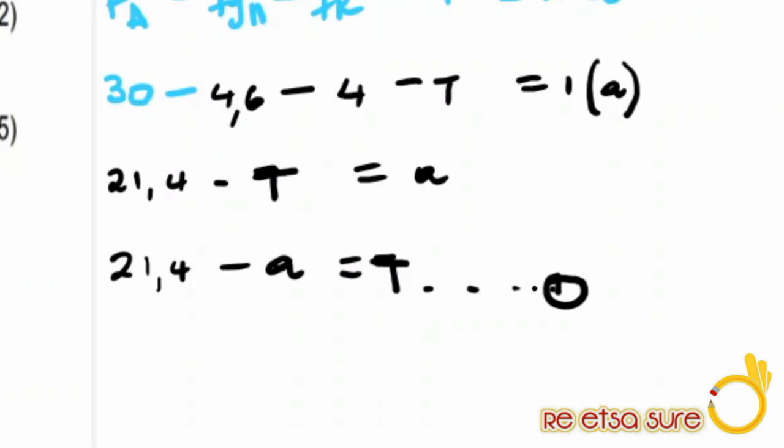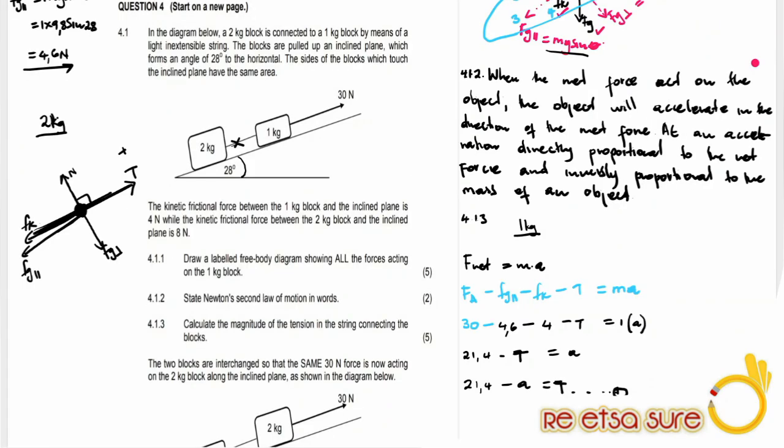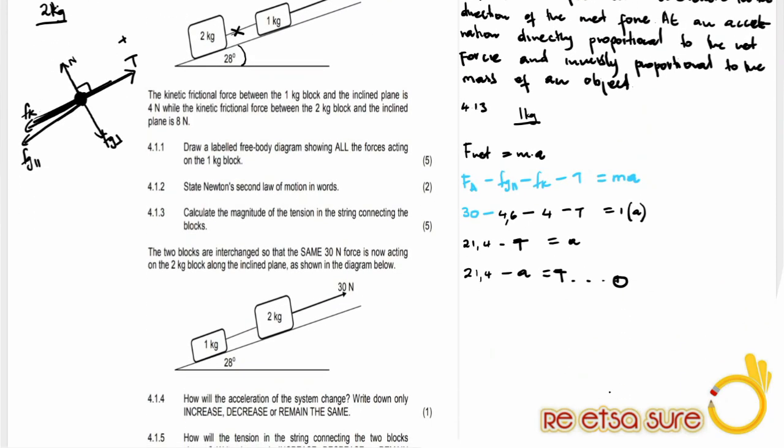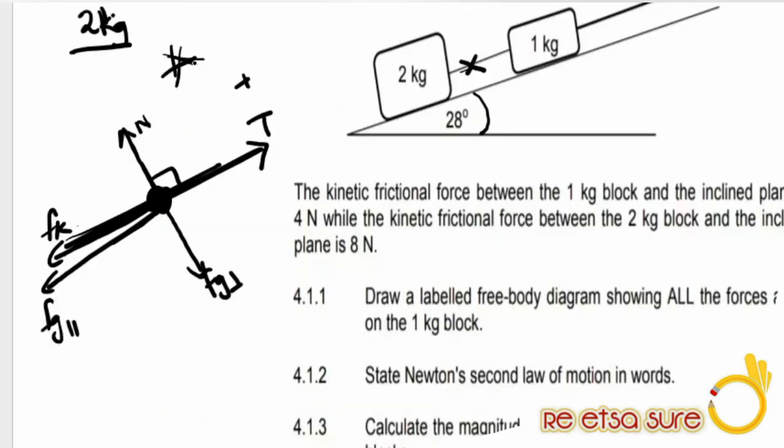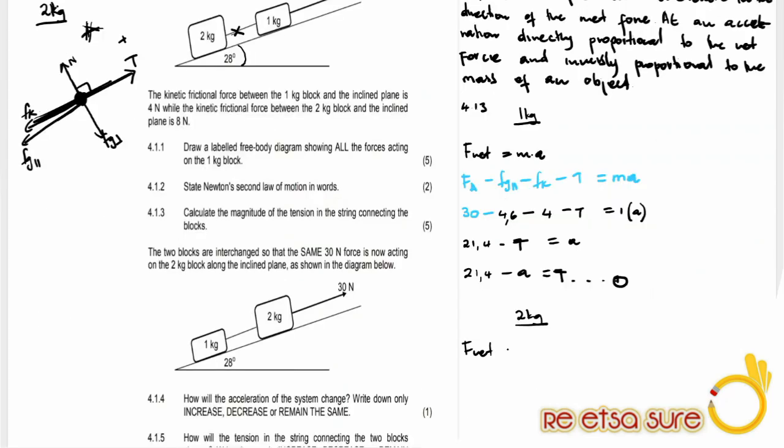So now let me go to the 2 kg block. For the 2 kg block, the procedure is going to be the same. But now I want us to focus on this diagram. The same procedure, my beautiful learners. F net is equal to MA.